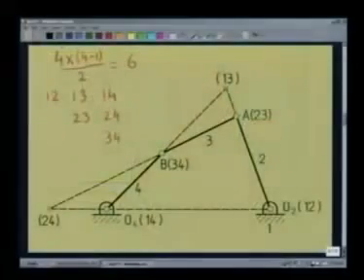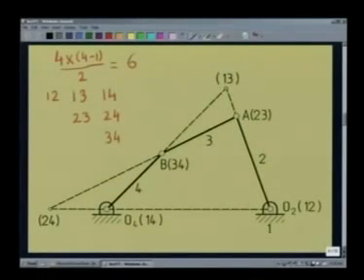Out of these 6, as I said in the last lecture, the location of 1,2 is at O2, because link number 1 and link number 2 are connected by a revolute pair at O2.